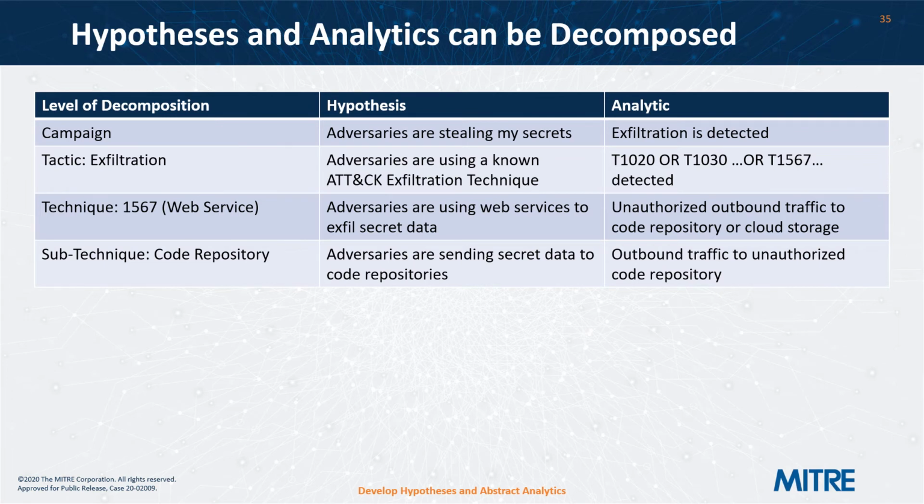And finally, that hypothesis might contain many others, including a sub-hypothesis that they will use the sub-technique called code repository. And each of those hypotheses is associated with an analytic that's commensurate in detail and specificity to that hypothesis.